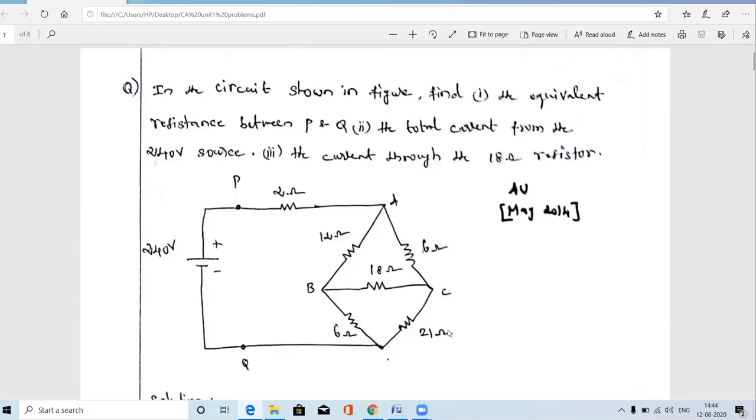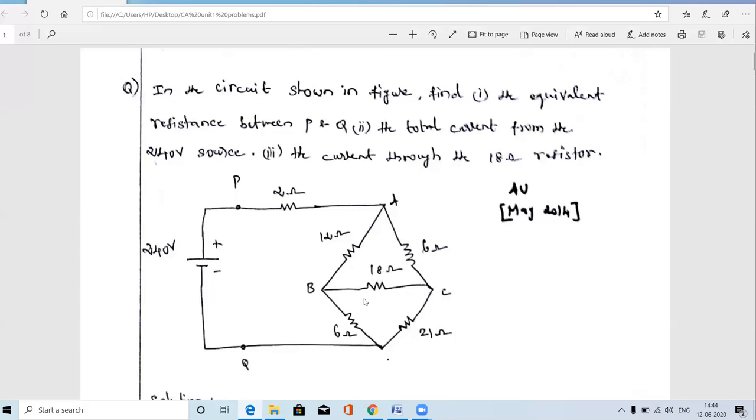That means the total resistance of this circuit we are going to find out. First you see, in that circuit, is any series combination of resistance or parallel combination of resistance there? There is no possibility. Here you see this 12 ohm, 6 ohm, but B and C is connected via one resistor.